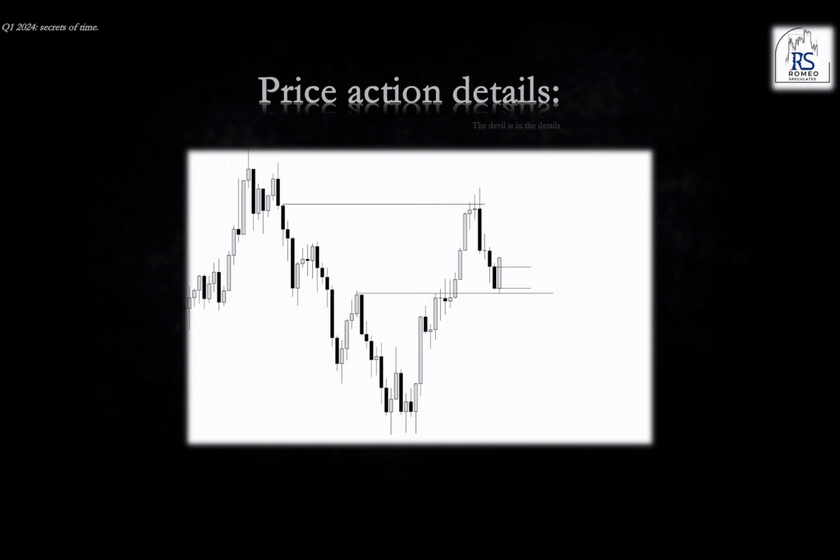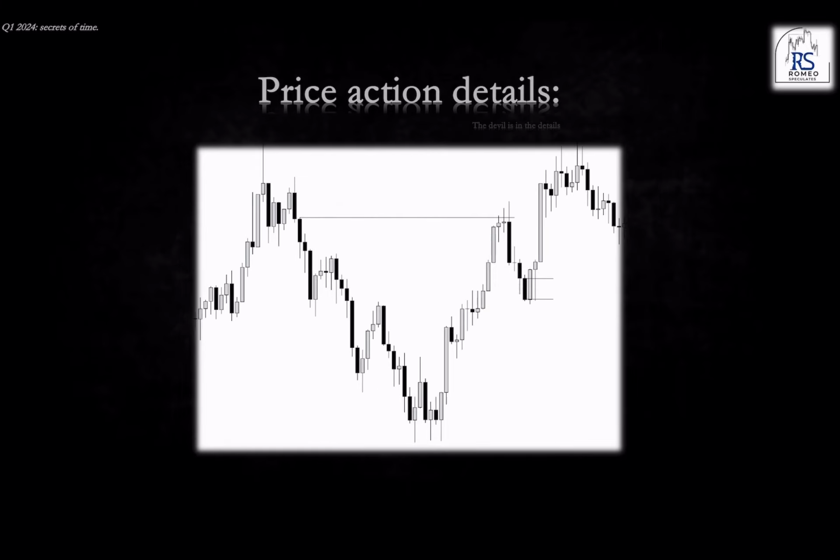And as we see, indeed, we stabbed into the rejection block. Wicks do the damage, and bodies tell the story. We wicked into this order block. We respected the rejection block, because usually what you'll notice is that rejection blocks are usually retraded to more often than not.